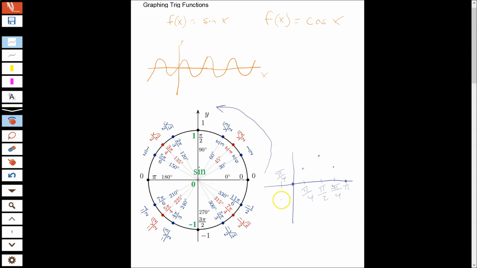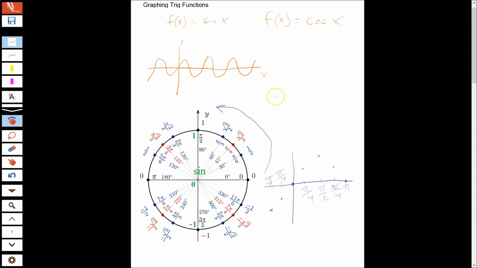Negative pi over 4 is going to be negative root 2 over 2, so a little more than negative 1/2, I guess I should say. And then negative pi over 2 is going to be negative 1, that's this point. And so on. So we can see how we get this shape when we plot these points.